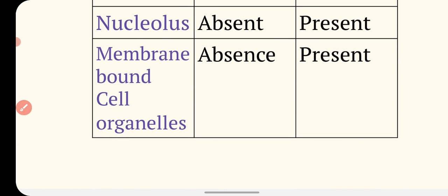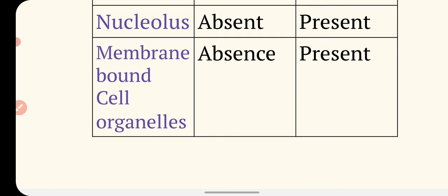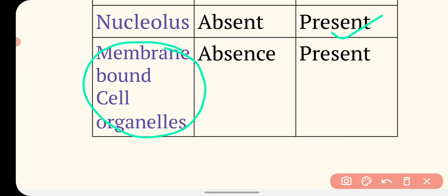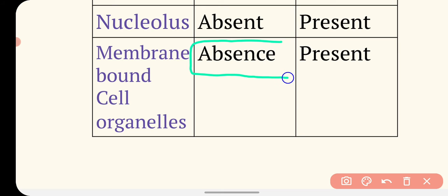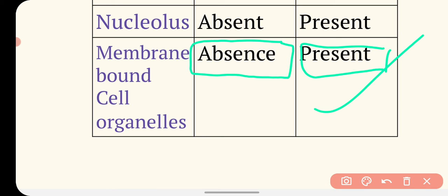In the prokaryotic cell the nucleolus is absent, and in the eukaryotic cell the nucleolus is present. On the basis of membrane-bound cell organelles, they are absent in the prokaryotic cell, but in the eukaryotic cell all the membrane-bound cell organelles are present.